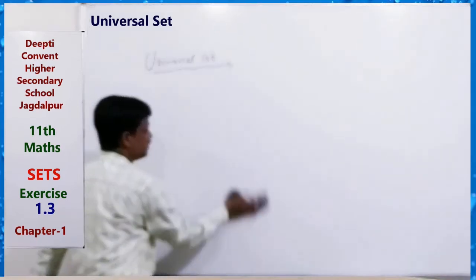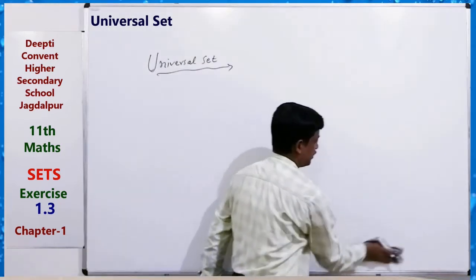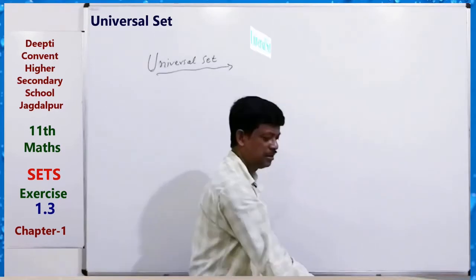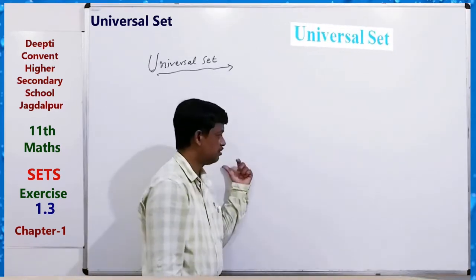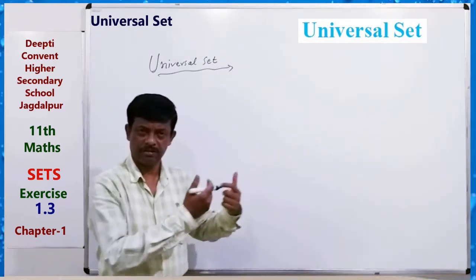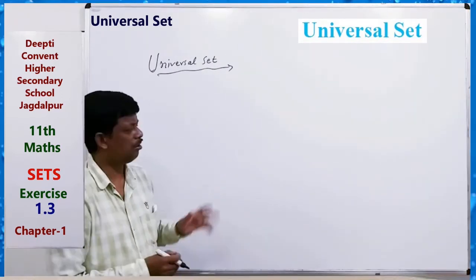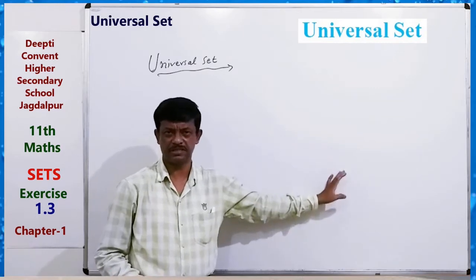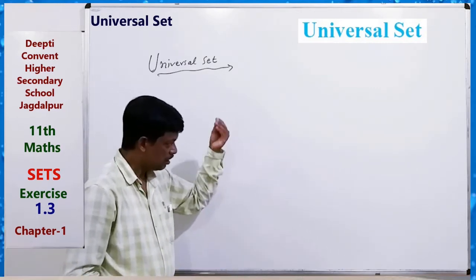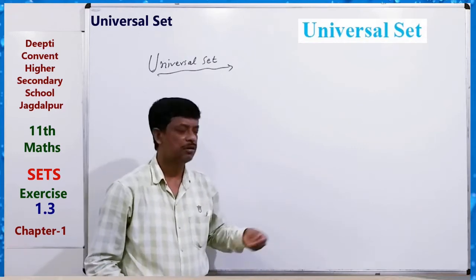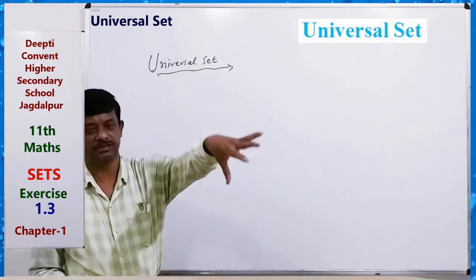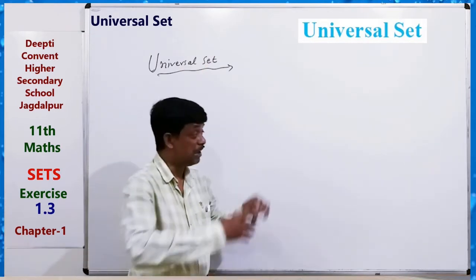Universal set means all the sets and subsets which are under our consideration. All of these are subsets of a big set, a basic set.